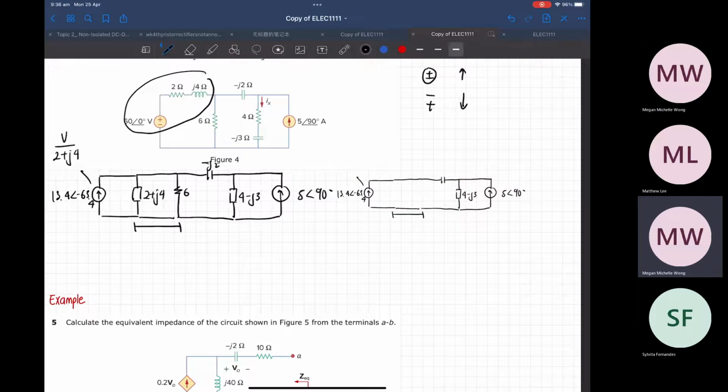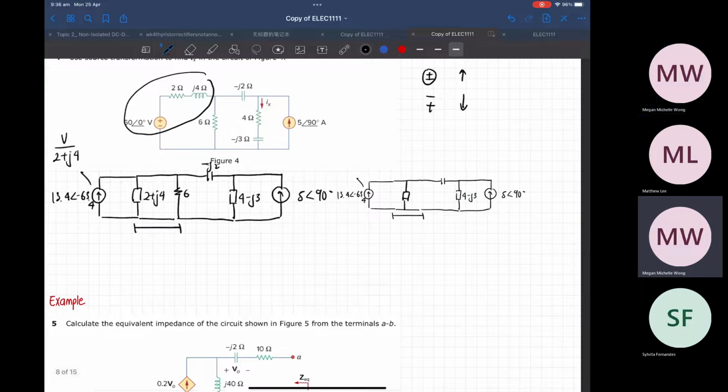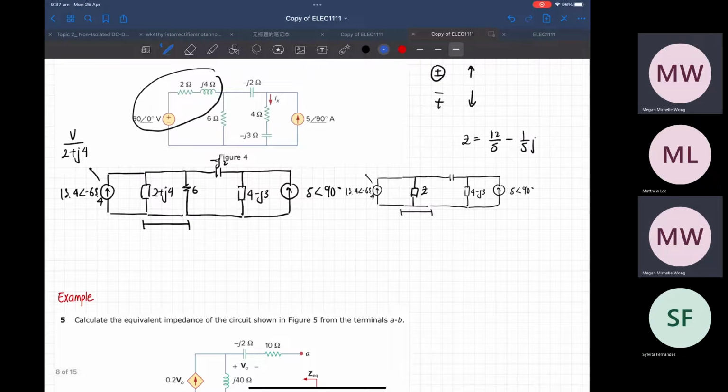Okay. When I combine these in parallel, I'll get, let's say Z, which is actually equal to 12 over 5 minus 1 over 5J. And then you do again a source transformation on this.